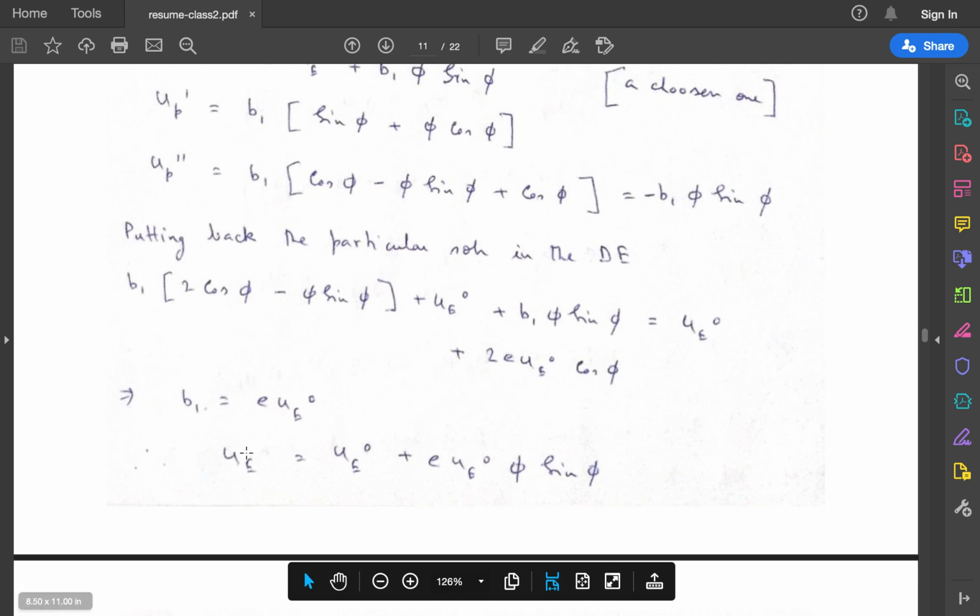So the Einstein solution becomes εu0, which is the constant term, plus εu0 φ sin φ.